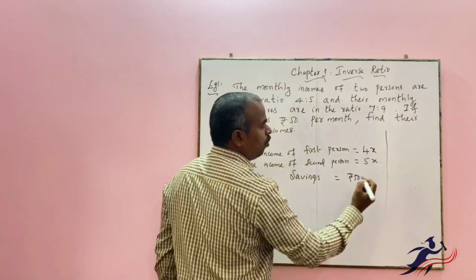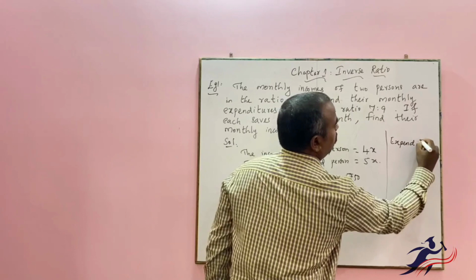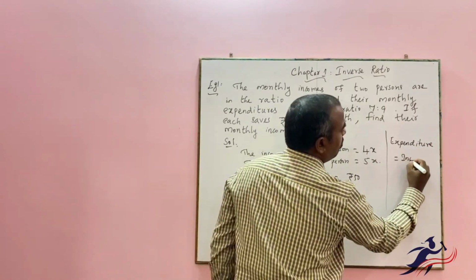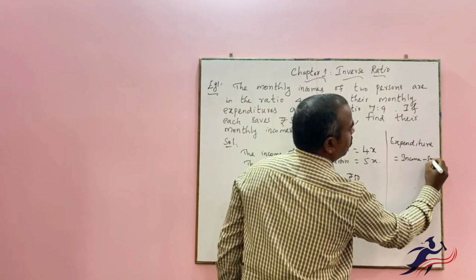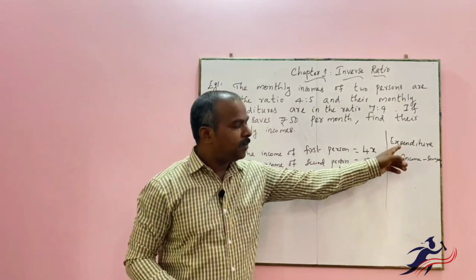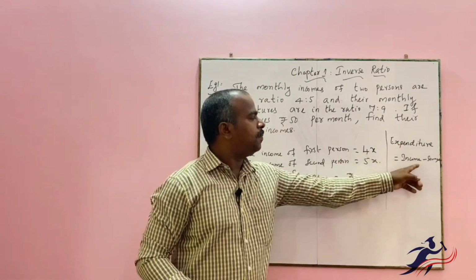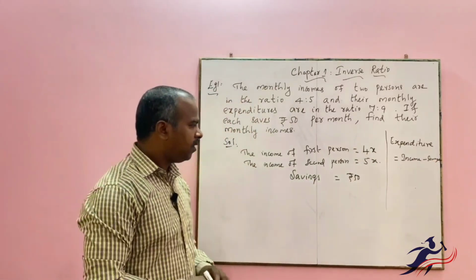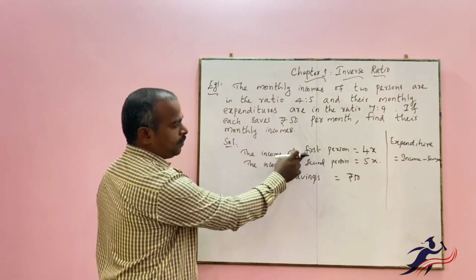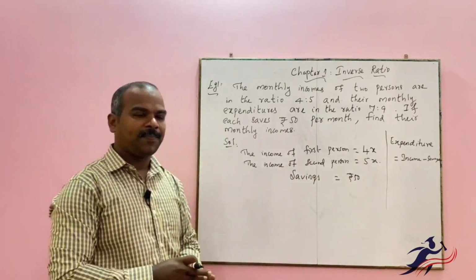I hope you know the formula: expenditure is equal to income minus savings. So remember this formula. From this we can find the expenditure of the first person as well as the second person.